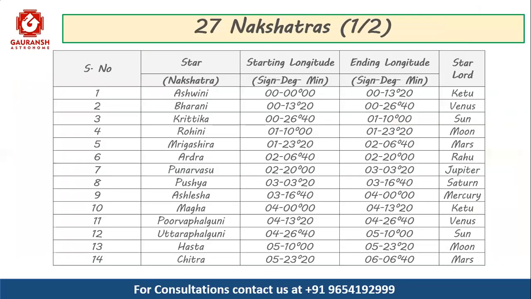So moving ahead, I told you that the zodiac is divided into 12 rashis or 12 signs. The zodiac is further divided into 27 nakshatras. If you divide 360 degrees by 27, you will find that the bandwidth of each nakshatra is 13 degrees 20 minutes.